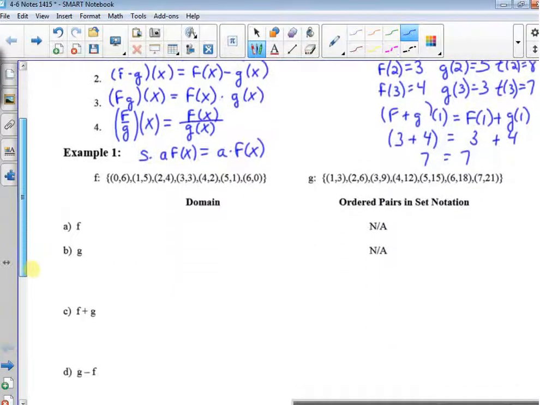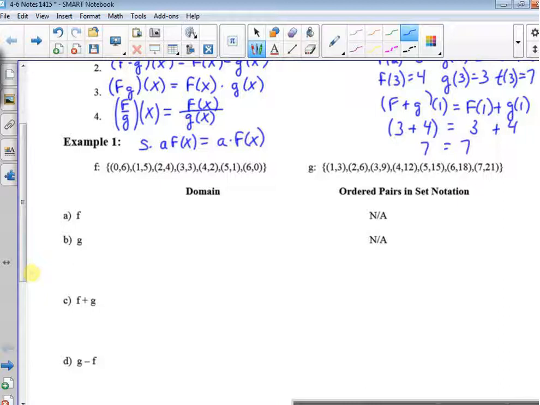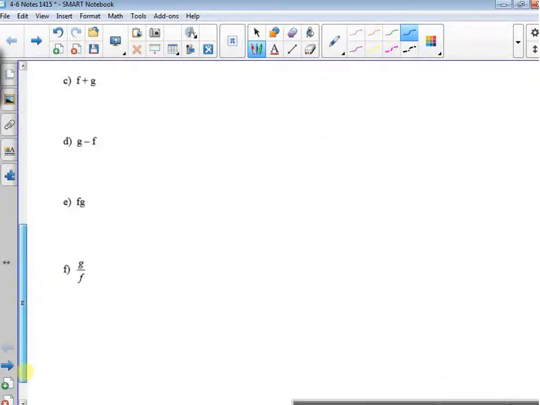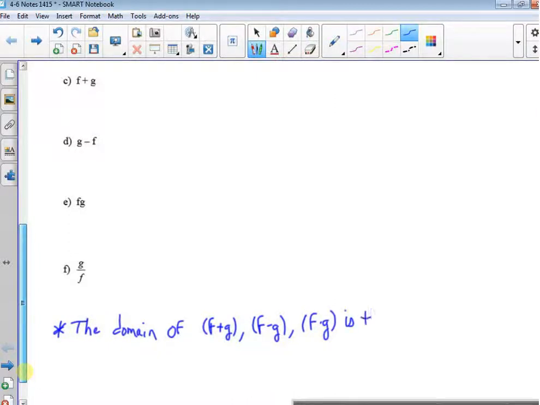So let's take a look at an example. This first example is a little bit tricky, so I'm going to put a note at the bottom. So go to the bottom with me, and I want to write a little note down here that says the domain, because we're asked to find the domain on these, the domain of f plus g, or f minus g, or f times g, is the set of elements common to the domain of f and of g.